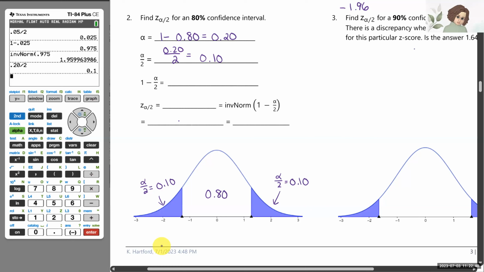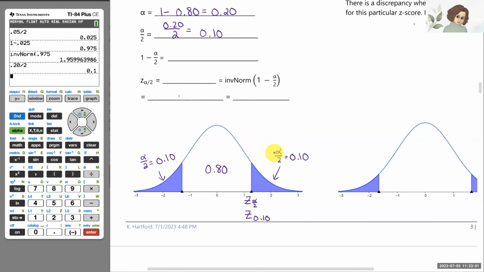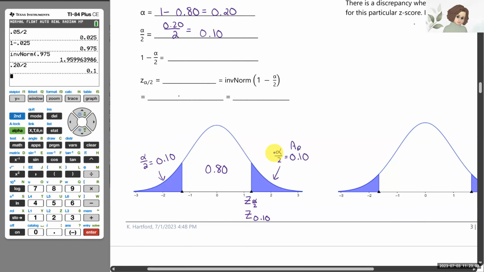The z-score that we're looking for is z alpha over 2. It's the z-score that puts alpha over 2 to the right of it. So for our specific example, that would be z subscript 0.10, because that area is the area to the right of it.